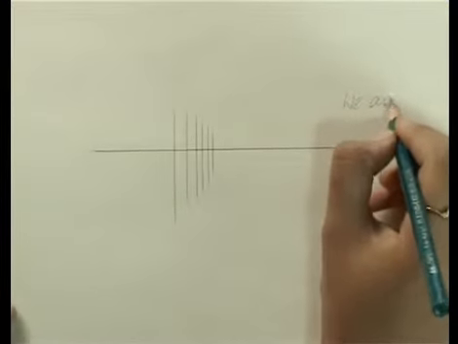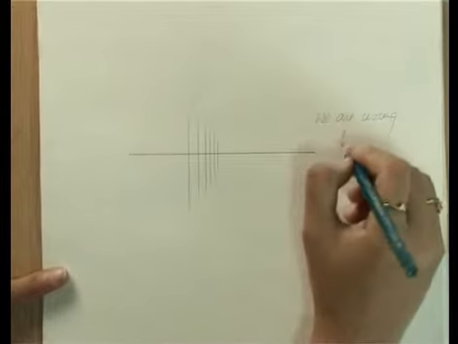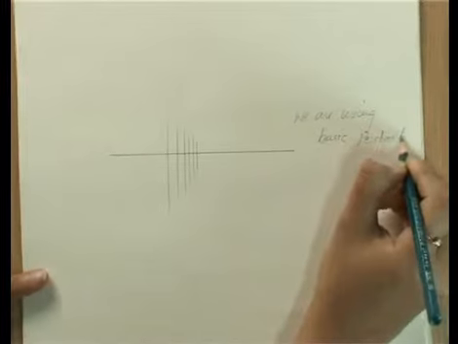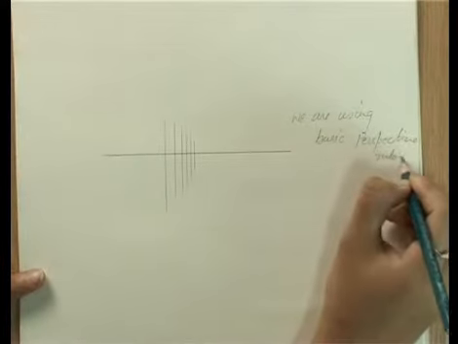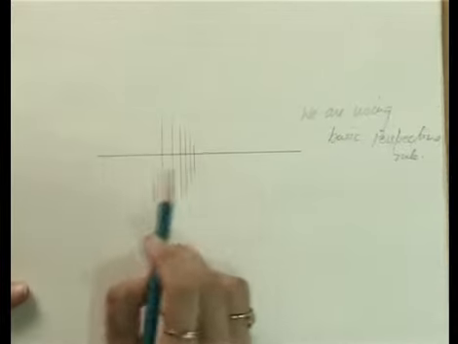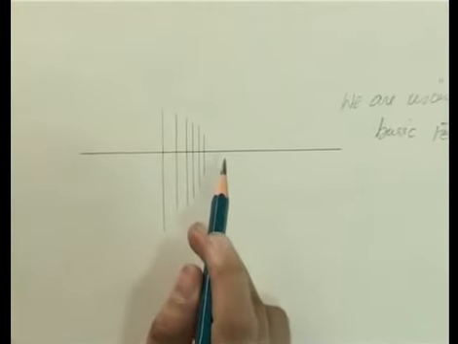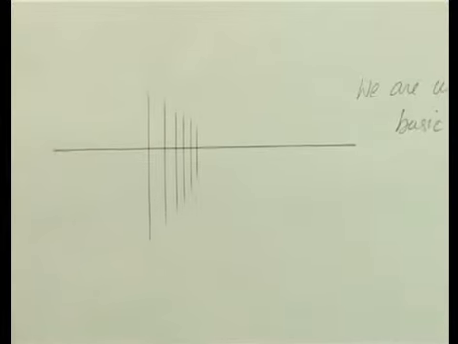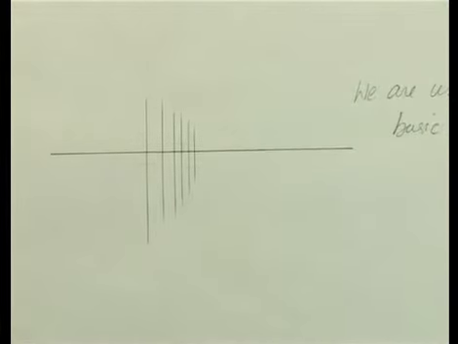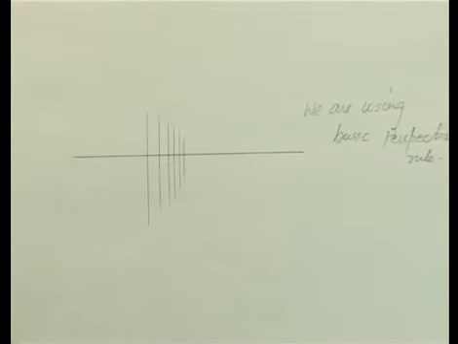In fact, here we are using the basic perspective rule. To a viewer, an object actually shrinks by half its size each time the distance is doubled. In a nutshell, perspective in visual art is a way in which objects appear to the eye, and it is based on the viewer's position in relation to the object.